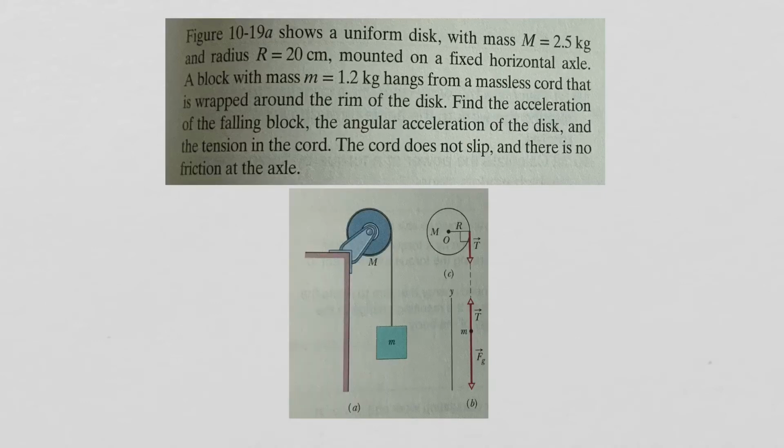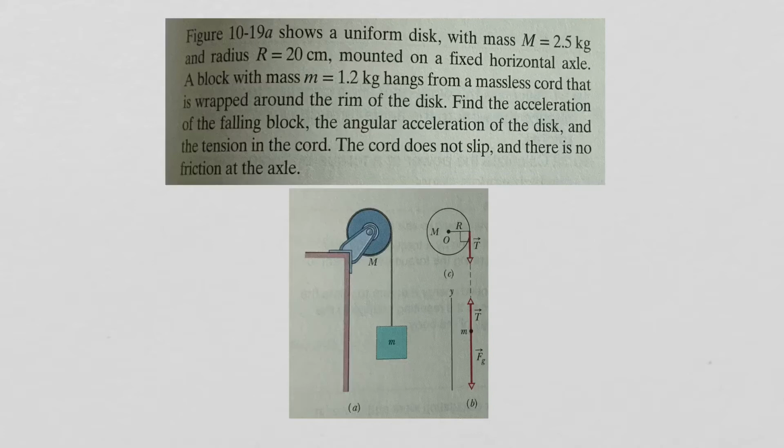So here is a drawing of the system of block and disk. Here is the block M. It's hanging by this rope, which is attached to this disk, which again is a pulley. Those two have different masses. The free body diagram with forces indicated on it looks like so.